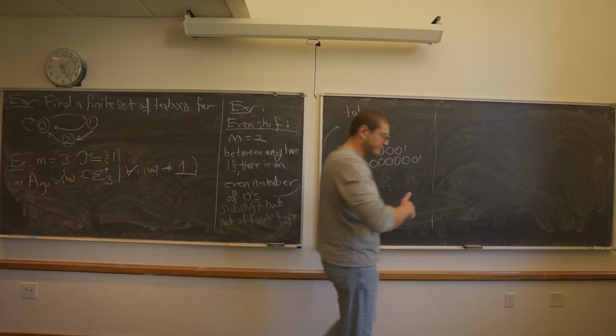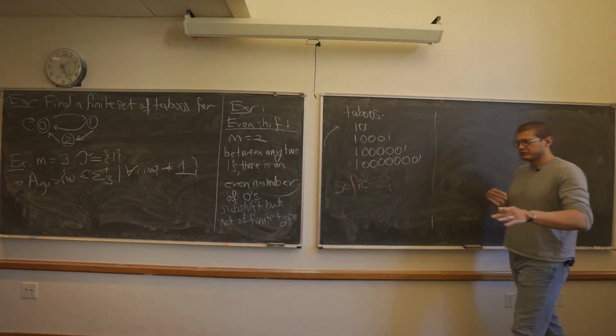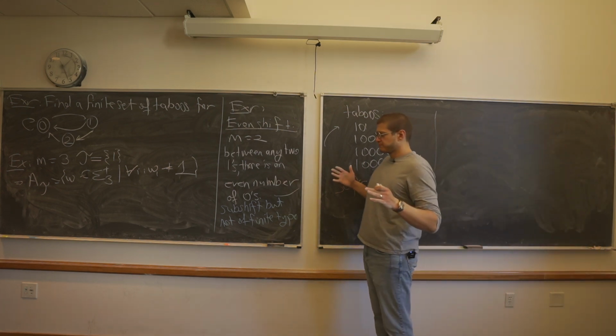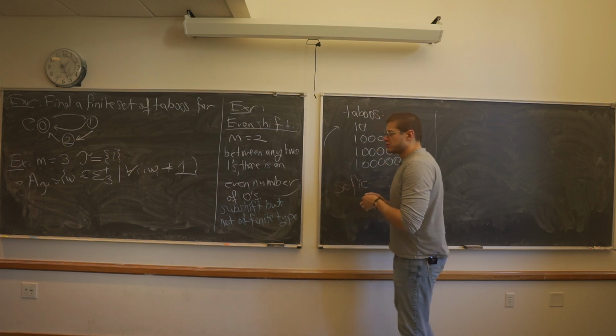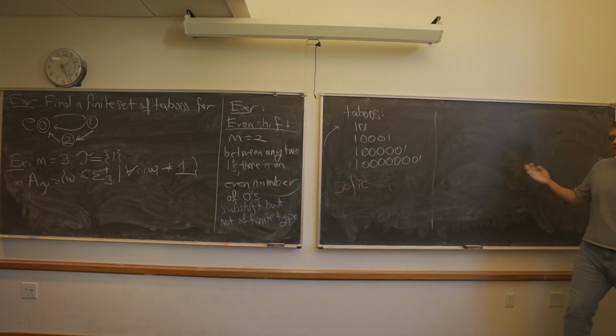So it can have 0, 0, 0, 0, 0, or 2, 2, 2, 2, 2, or 0, 2, 0, 2, 0, 2, and so on. All those sequences, rather. But not any sequence that contains at least one 1 somewhere.